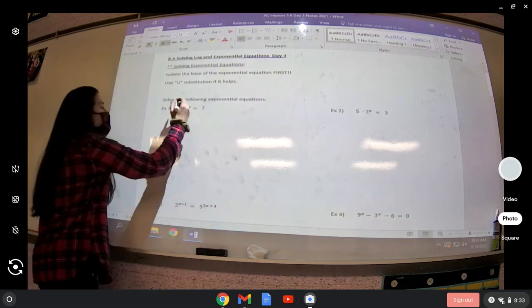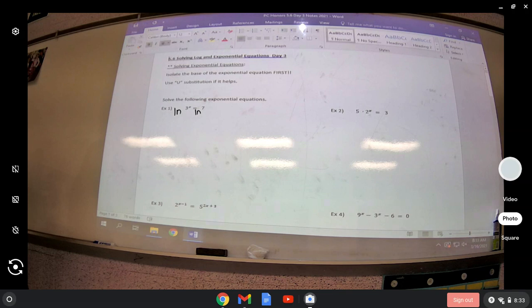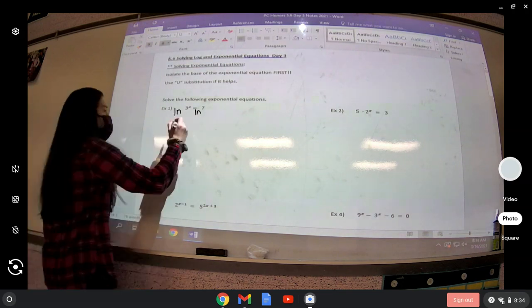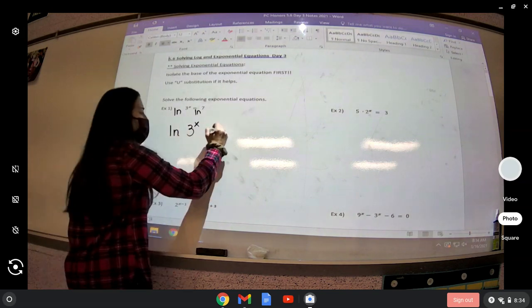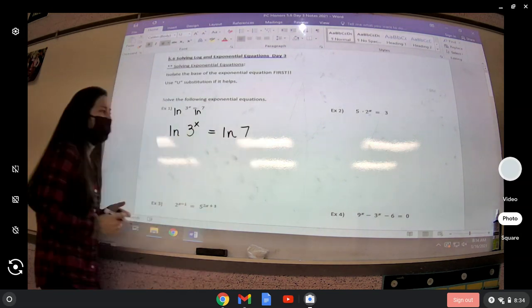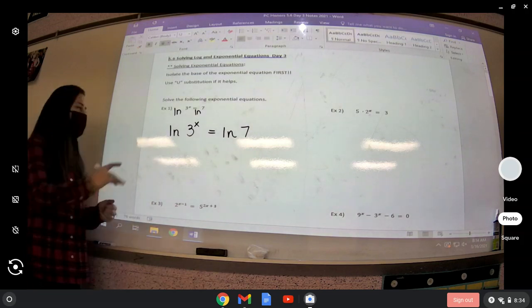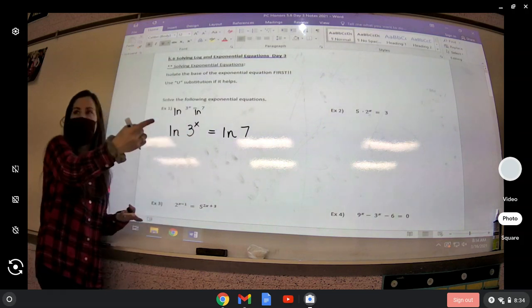All right, so what I'm going to do is I'm going to natural log both sides of the equation. It doesn't cancel any of our bases out. You're literally left now with the natural log of 3 to the x, and it equals the natural log of 7. So it's kind of like, well, Marty, what did that do? Well, by creating a log, the whole point of an exponential is the unknown is the exponent.